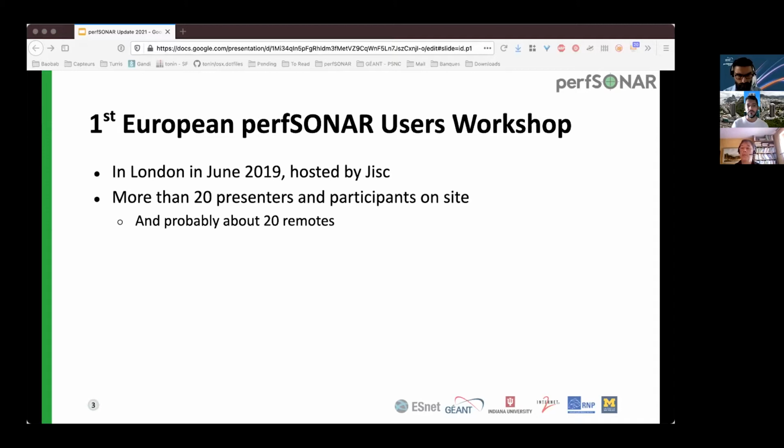I'm not sure exactly, and I couldn't find the reference numbers, but I think it was something like that. And I think some of you present today were already present in this first workshop.